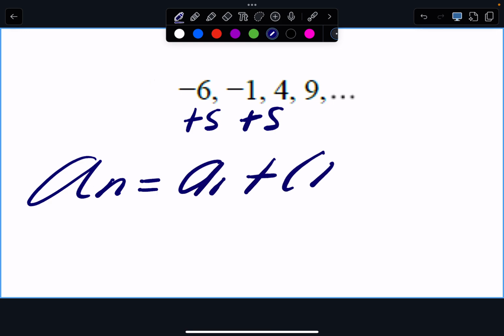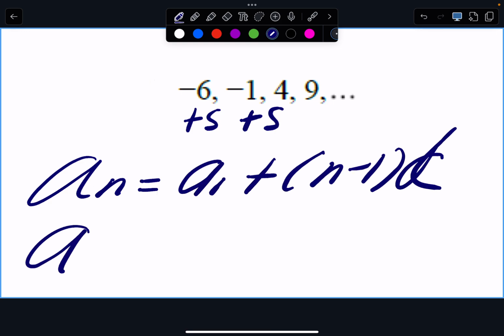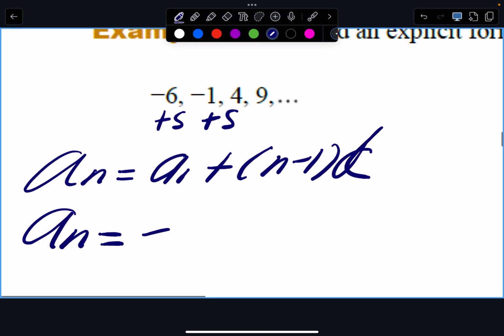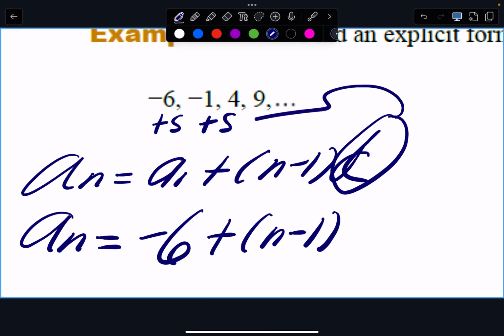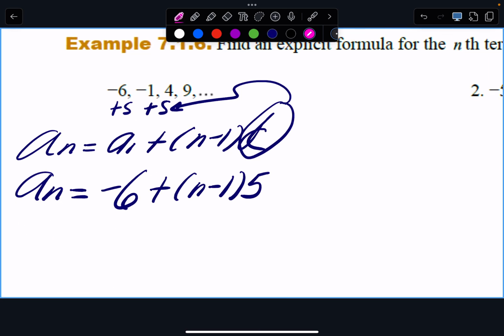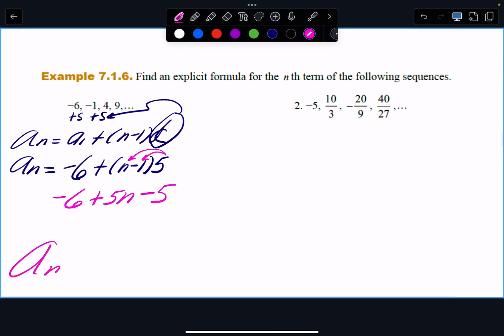A sub n equals a sub 1 plus n minus 1 times d. So a sub n equals, isn't a sub 1 negative 6, plus n minus 1 times d. D is the common difference, which is what you're adding. So 5. Then they distribute. Negative 6 plus 5n minus 5.